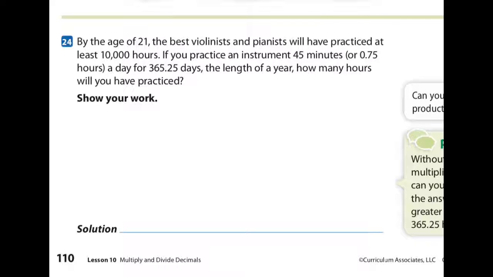If you can't figure out the estimate, then don't do it. But if you can estimate it quickly, it can help you decide if your answer is reasonable. As soon as you're done with 24, start the video and go over it with me. If you get stuck and you can't figure it out, as long as you tried it, you can play the video to do the problem with me. All right, pause the video, give 24 a shot, go.